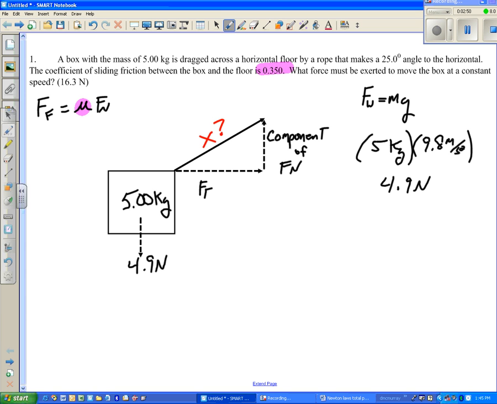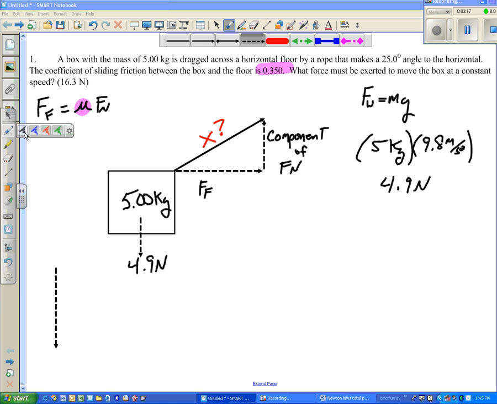Well, now let's focus on our normal to start off. Our normal is perpendicular. 4.9 is the weight. However, we have to worry about this component of Fn as well. And if we look at these two arrows, they're opposite one another. And so I could draw these two arrows opposite each other, like so: one arrow going down, and another one going in the opposite direction, starting at the same origin.